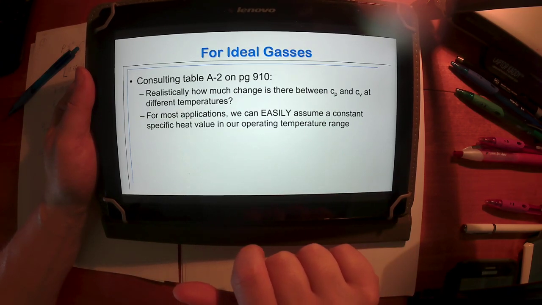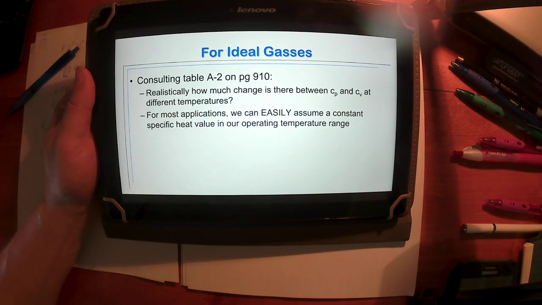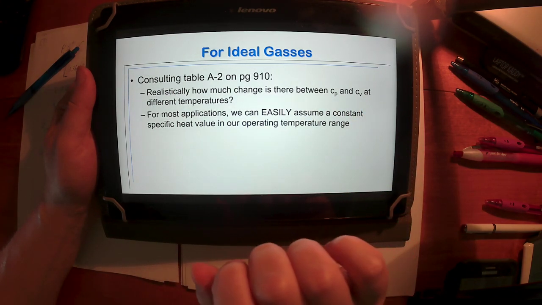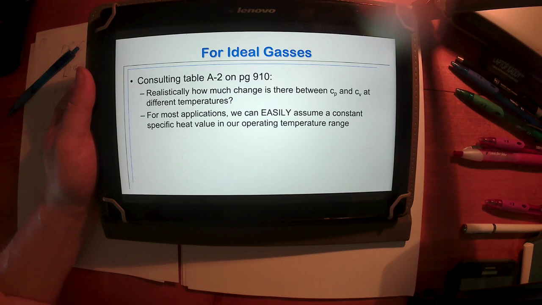Now, if you go in your text, and I don't know the page number in the current edition, this is probably from the 7th or 8th edition, but if you look in your text at Table A2, you will find that C sub P and C sub V values do not change a huge amount as a function of temperature. Maybe they're going to change less than 10%.